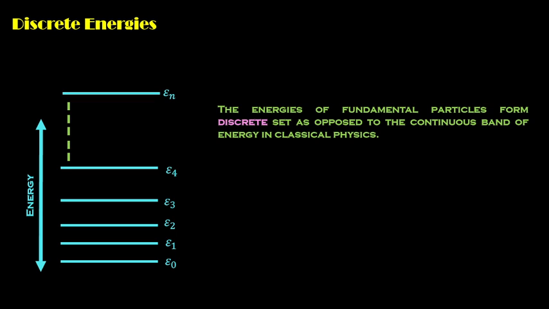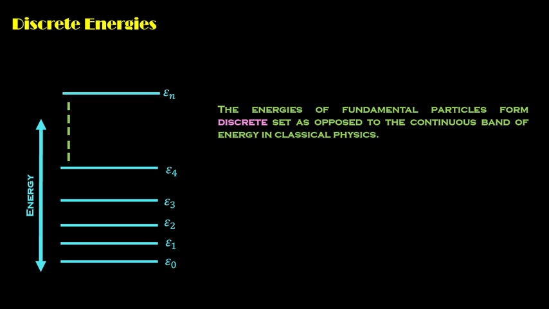Under a given condition, if you observe the gas of these fundamental particles again and again, most often we find that there is a certain number of fundamental particles in a certain energy state, certain other number in certain other energy state. A certain energy state is most populated and that energy state becomes the most probable energy state.